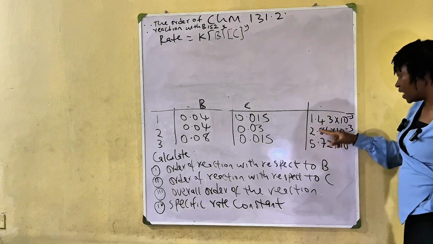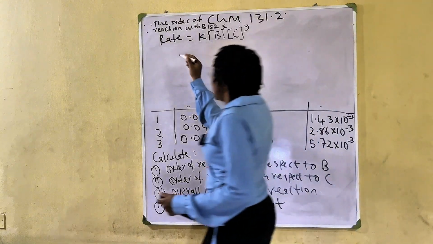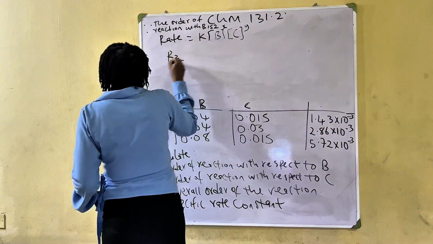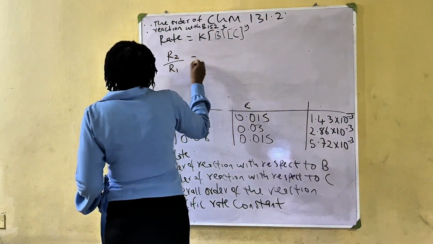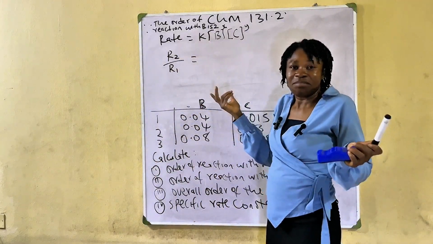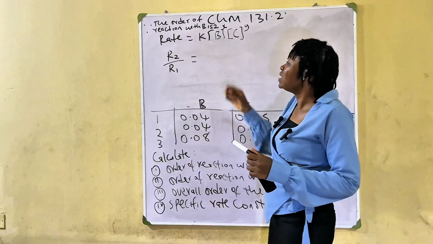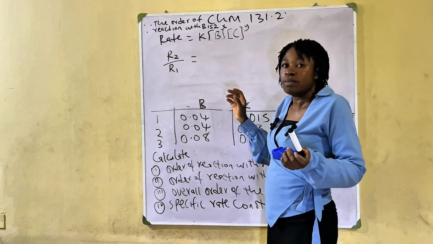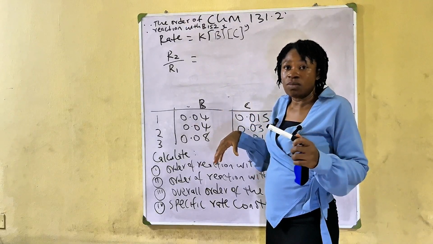This value is higher than this, so I'll go with R2 over R1. If I use R1 instead, why don't you attempt it and see if you get the same value.